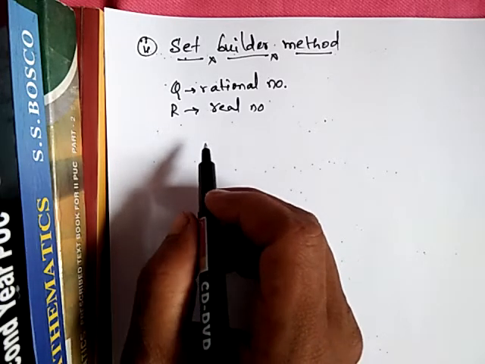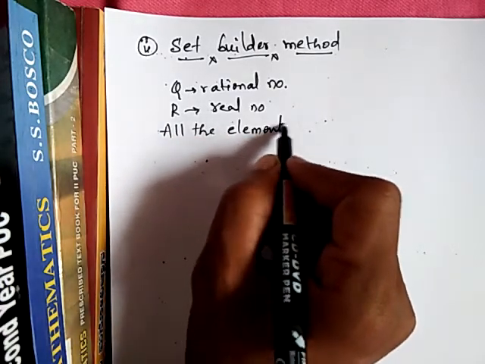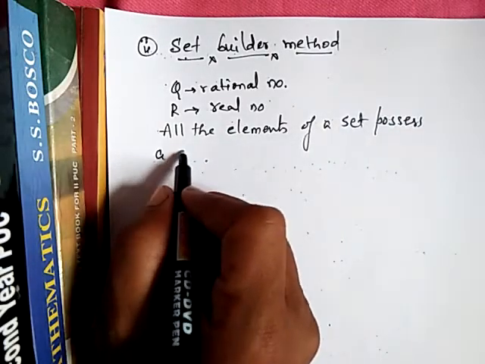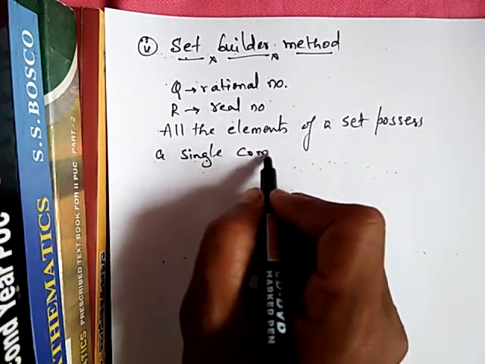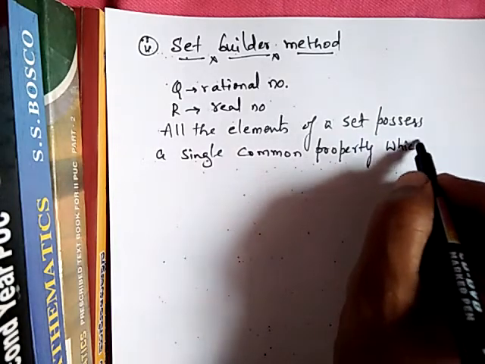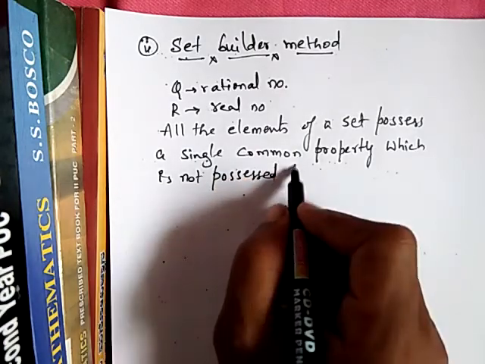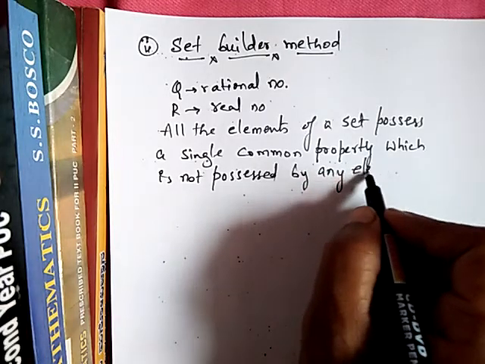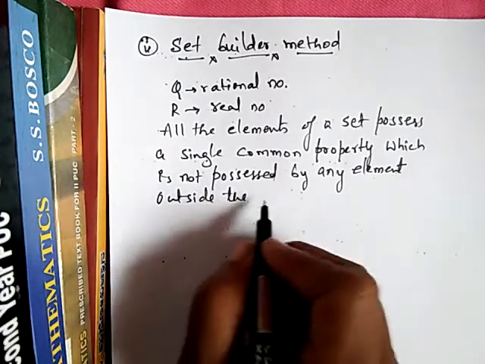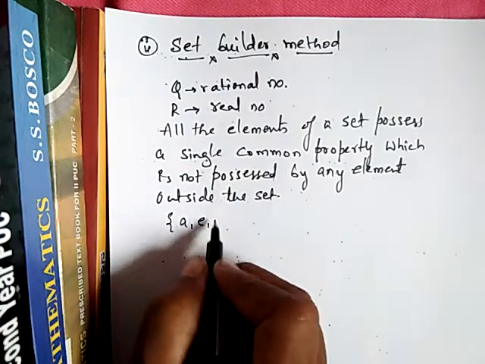I mean that all the elements of a set possess a single common property, which is not possessed by any element outside the set.